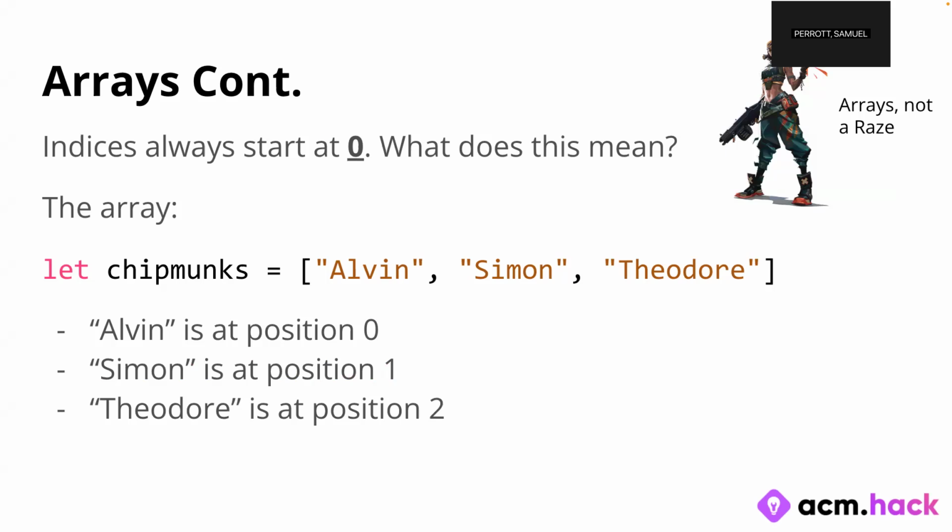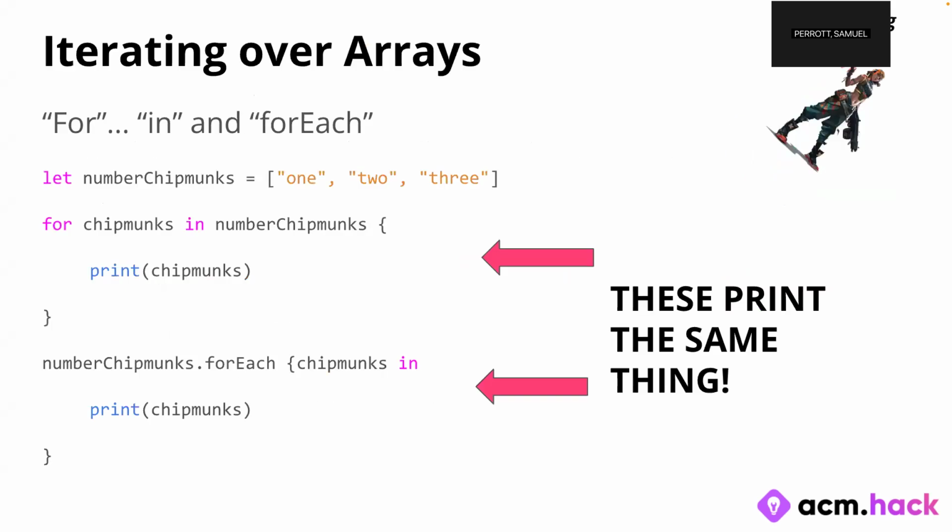Cool. And it's zero indexed, just like most programming languages. You can iterate over an array using a for in loop or the forEach function. Personally, I prefer for in because it's easier to grasp if you come from other programming languages. But just so you know, there's also a forEach function that allows you to iterate through arrays.